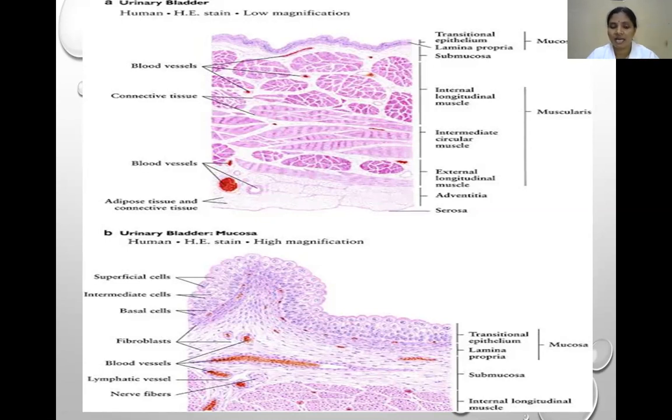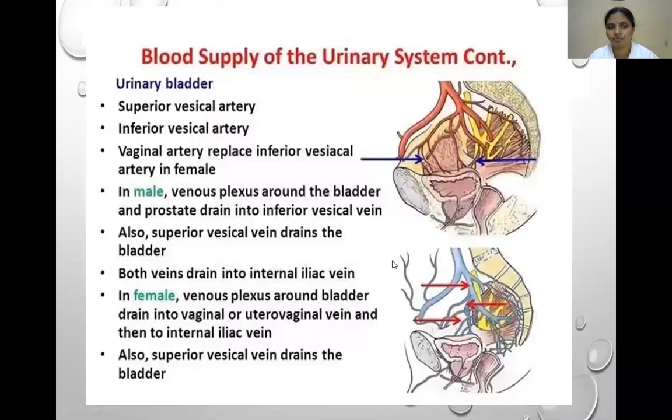That arrangement is important for preventing separation of the individual epithelial cells during distension. So without any damage, it can expand and the mucosa thickness changes, but not the layers of the cells. So that is a transitional epithelium.